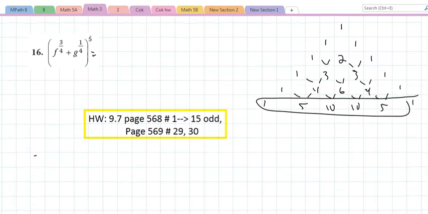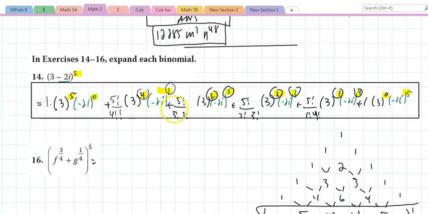And I know this one here is, of course, you simplify the top and whatever that gets you.